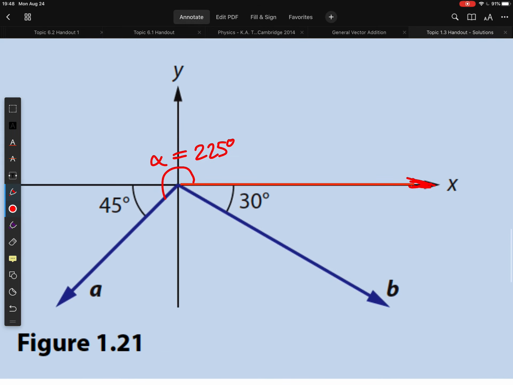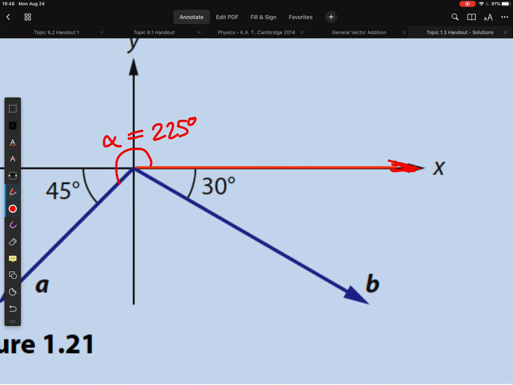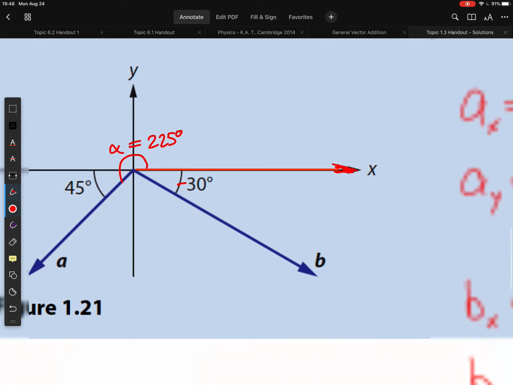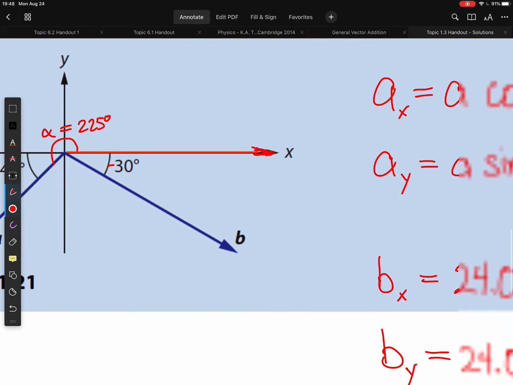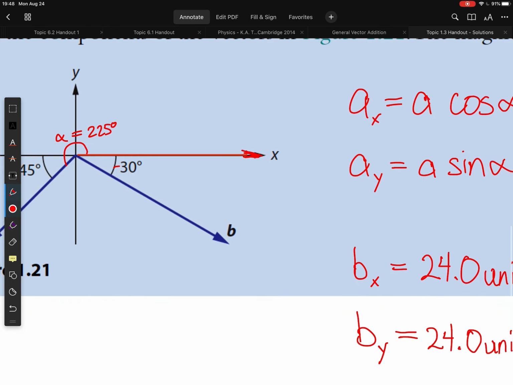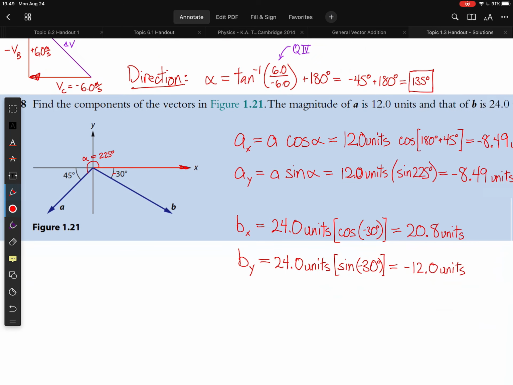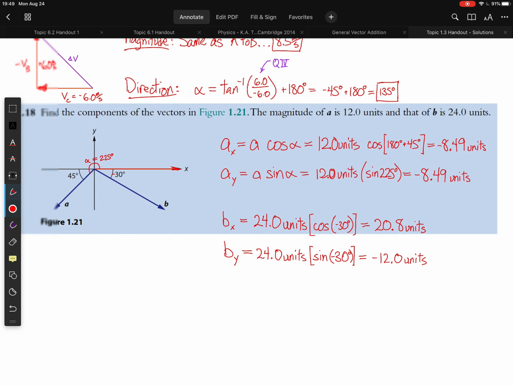Okay, 30 here. We could go all the way around and call this 330, or we could just call it negative 30 degrees, and we're still measuring off that horizontal x-axis pointed to the right. So that works.